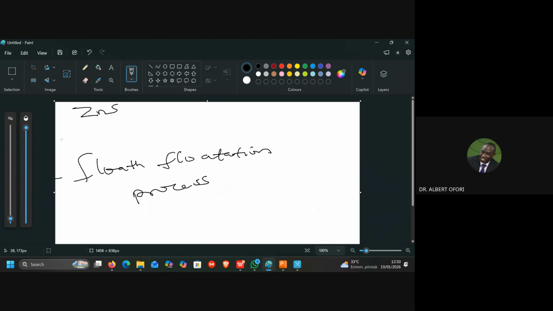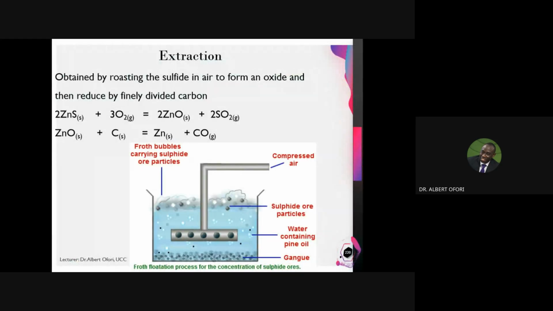Okay, so when we have that, we expose it to oxygen. That will form the zinc oxide. So once we add carbon to it, we'll then be releasing what we call the zinc metal.